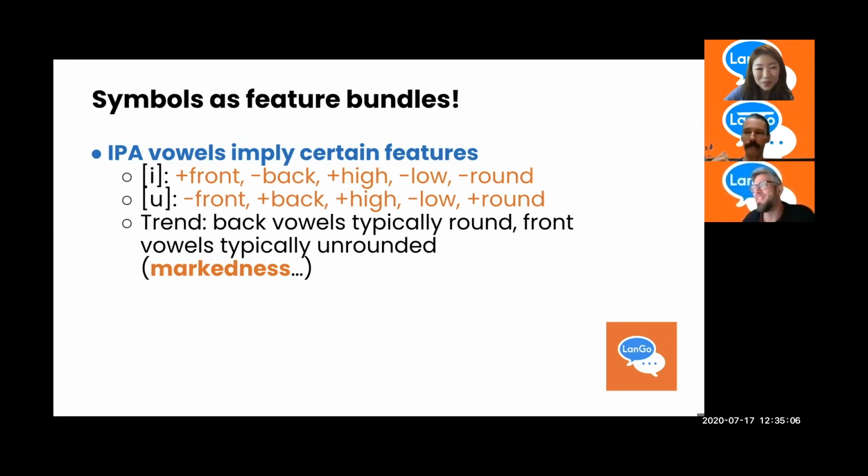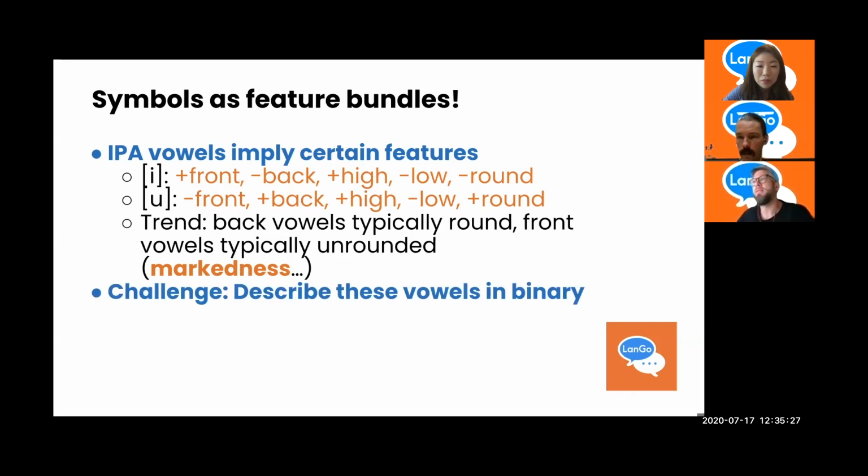All right, so the trend is that typically back vowels are round and front vowels are unrounded. This is the unmarked situation. Markedness is a term linguistics uses, and maybe some other sciences. And maybe linguists like it today or don't like it today, but it's a useful notion for learning languages. If a language only has 1 set of back vowels, they will be rounded.